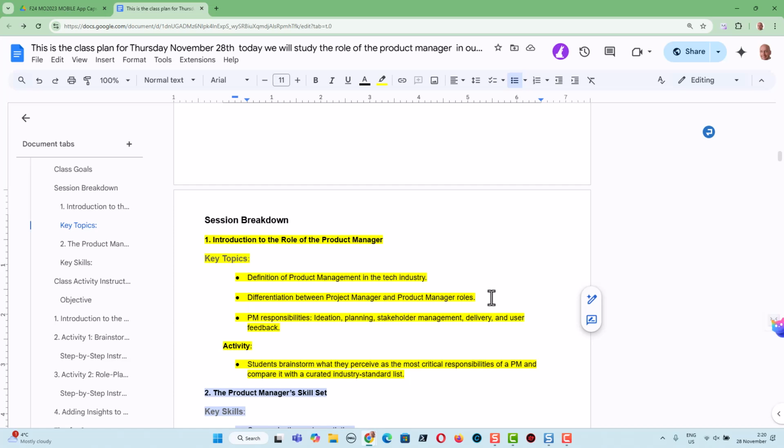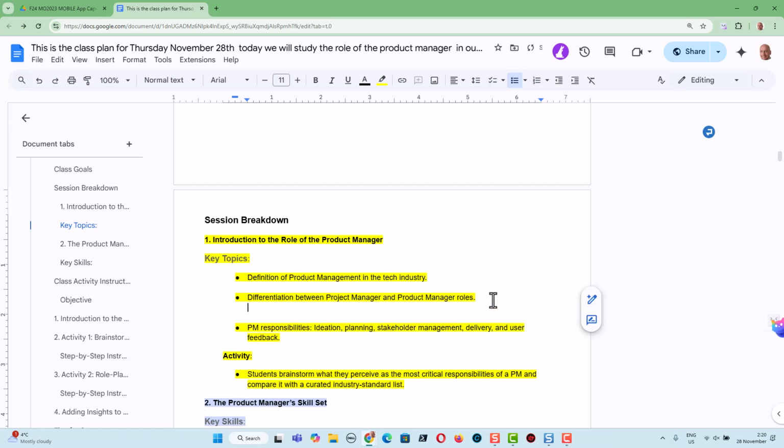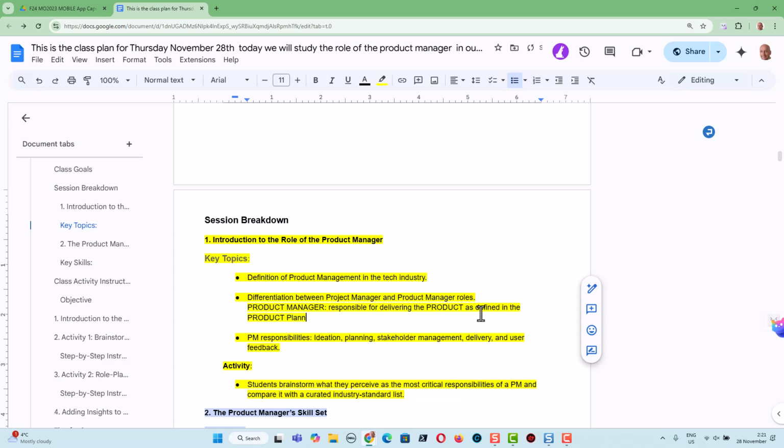The product manager delivers the vision of the product as it's defined in your initial product planning document. That you did in step 1.